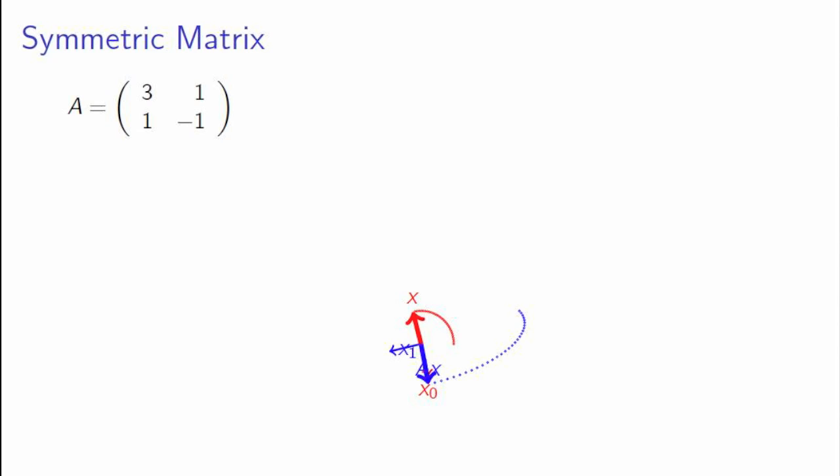When x points in the opposite direction of x0, which is an eigenvector, A times x points in the direction of x0. So indeed, A times x is some constant times x. And then when x points in the direction of x1, A times x again points in the same direction. So here we have two eigenvectors.